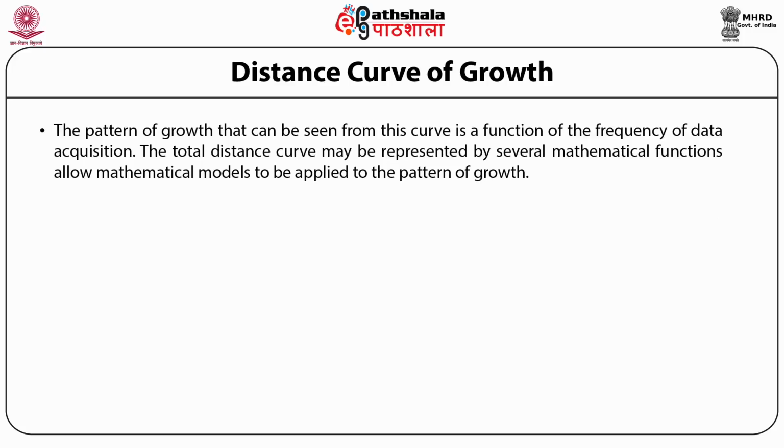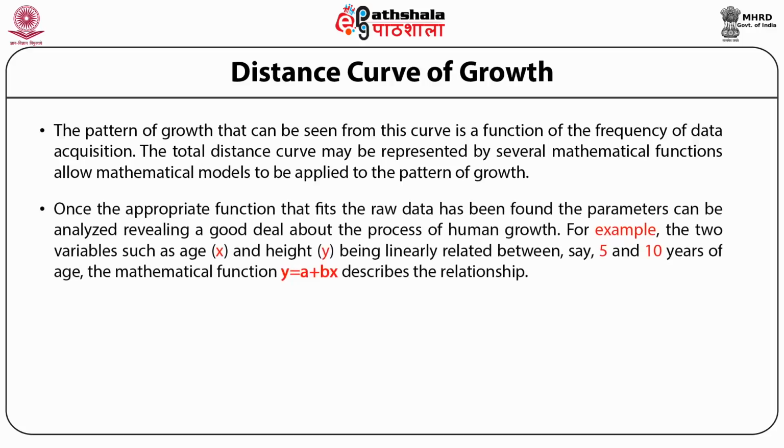The total distance curve may be represented by several mathematical functions, allowing mathematical models to be applied to the pattern of growth. These models are in fact parametric functions that contain constants or parameters. Once the appropriate function that fits the raw data has been found, the parameters can be analyzed, revealing a good deal about the process of human growth.